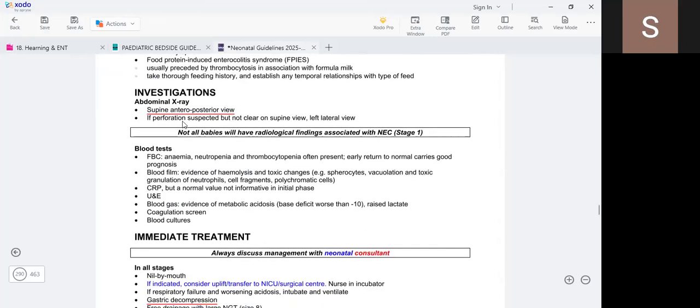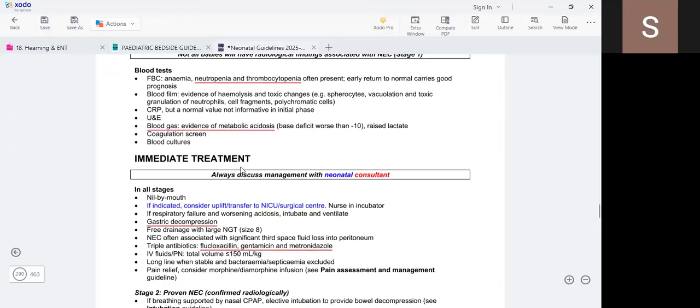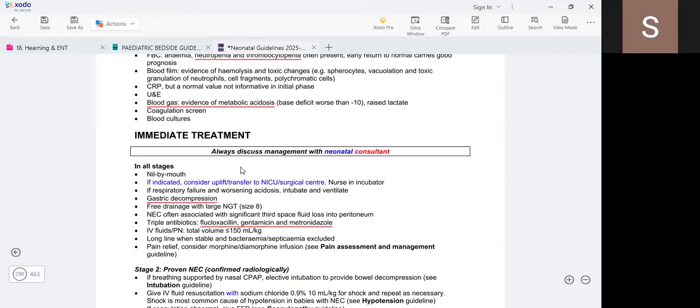Investigation: supine anteroposterior view. Another investigation: CBC may be normal. Blood gas analysis is another important one, due to evidence of metabolic acidosis.